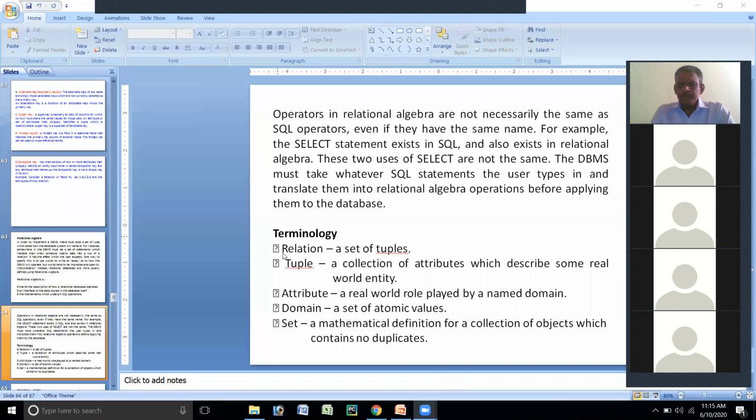First term, relation. What is a relation? A set of tuples is called a relation. Then second, what is a tuple? A collection of attributes which describe some real world entity.